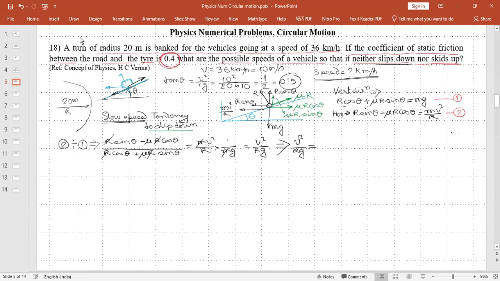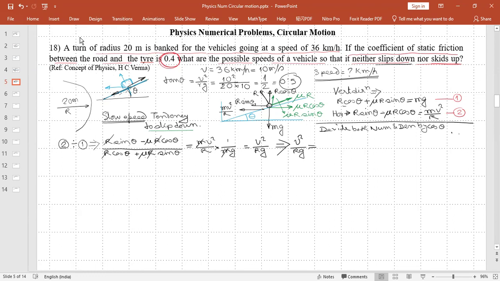So you divide both numerator and denominator by cos theta.